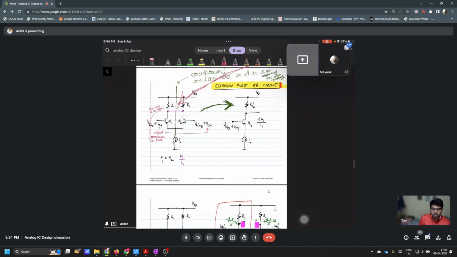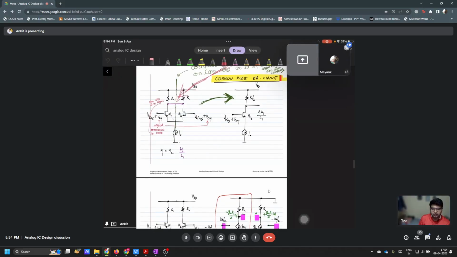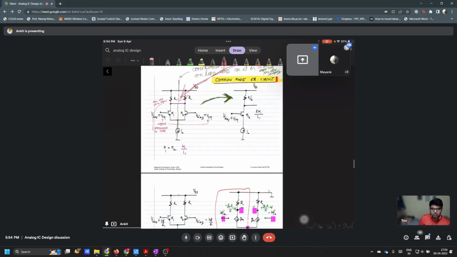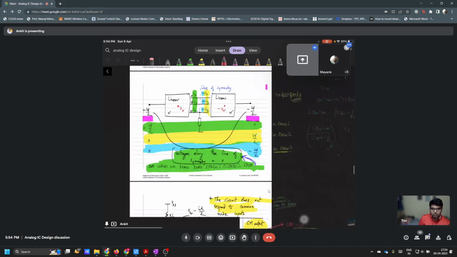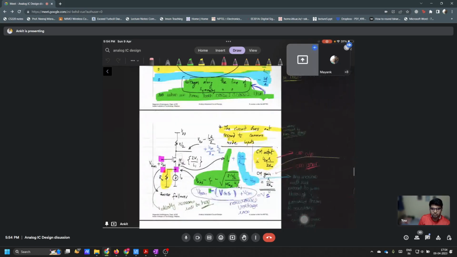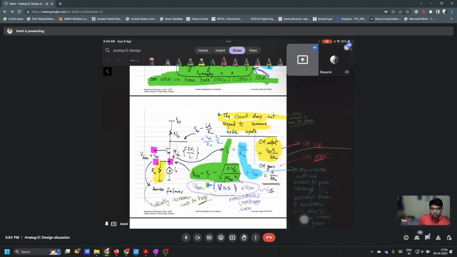But in this, sir, proved in the lower part of the circuit that this should be VCM, since the current flowing will be VCM by R naught in the lower direction.